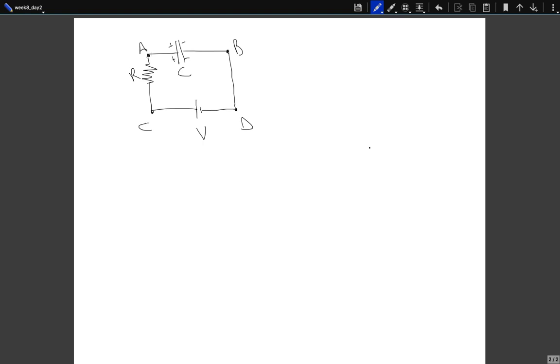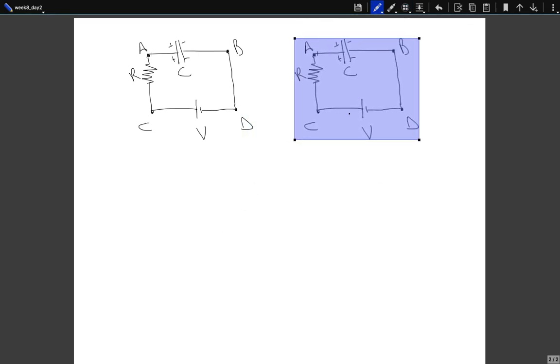But there is one thing we have to pay attention to. You see, we might end up having such a configuration, or we might end up having a configuration like this. Well, of course, with this simple circuit, it's easy to say which configuration we will have.